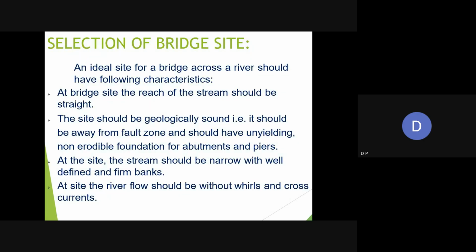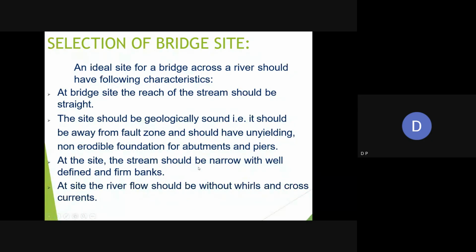So, selection of bridge site: an ideal site for a bridge across a river should have the following characteristics. At the bridge site, the reach of the stream should be straight. The site should be geologically sound, away from the fault zone, and should have unyielding, non-erodible foundations for abutments and piers.